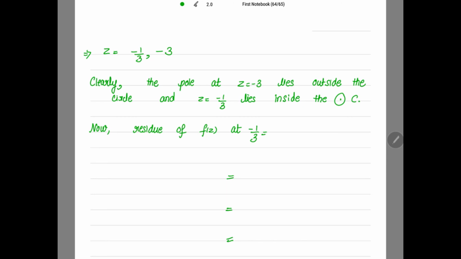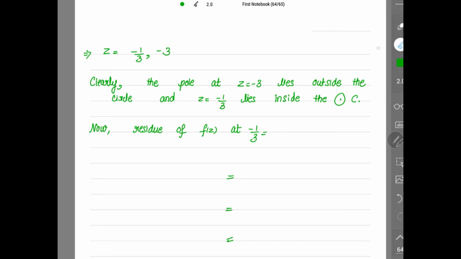Yes, minus 3, very good. So minus 3 lies inside the circle. Sorry, minus 3 is outside the circle. Yes, minus 1 by 3 lies inside the circle and minus 3 lies outside the circle.